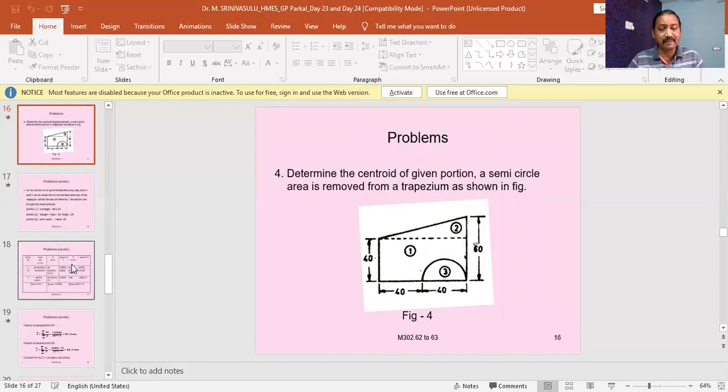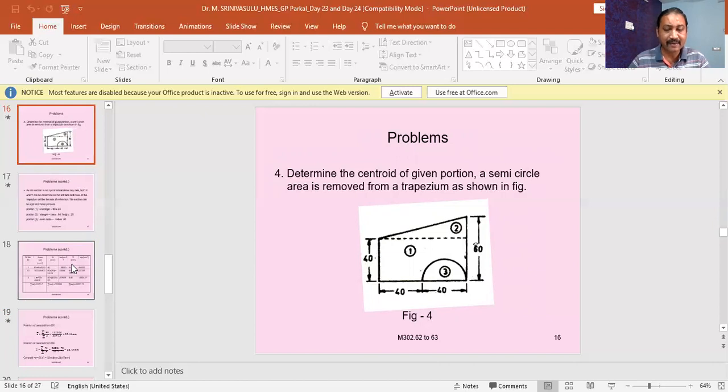For this purpose, first of all we should define the reference axes. Generally we take the bottom edge as the x-axis and the left-most edge as the y-axis. From that we have to find x1, x2, x3, and y1, y2, y3, and accordingly the coordinates of the centroid.